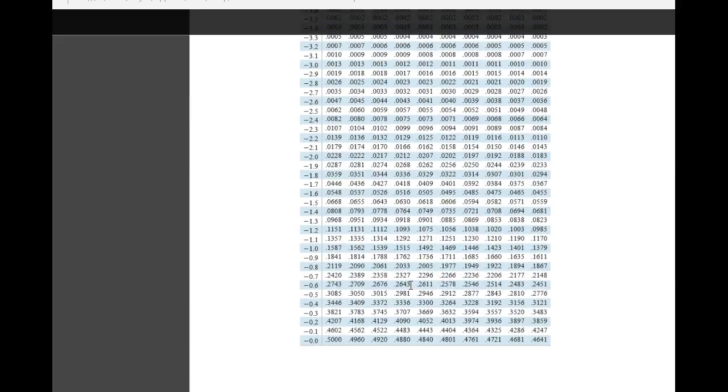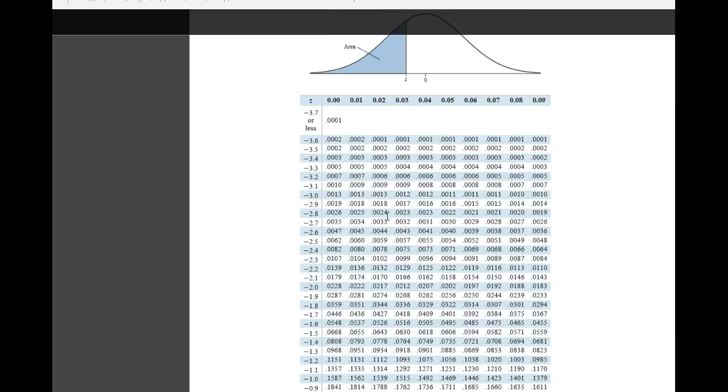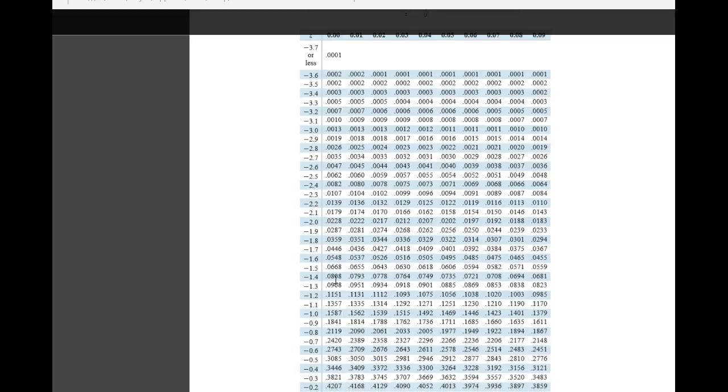So I've got to come up here to the negative z-scores, and I want to look down through here to find 0.13. So these are all 0.0s. Here's a 0.1, here's a 0.13. I want to get as close to 0.13 as possible. Okay, and right here we go.